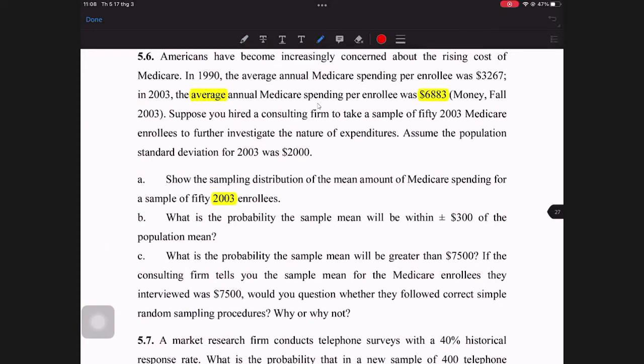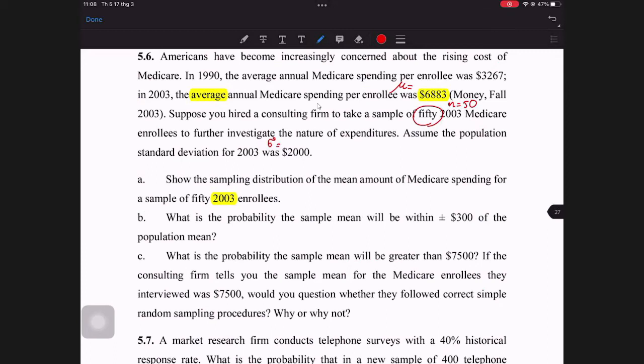So I just write out this one in notation. Mu equal. We have a sample of 50, so n equal to 50. And the population standard deviation here is 2000, so sigma is equal to 2000. First, we have to show the sampling distribution of the mean.